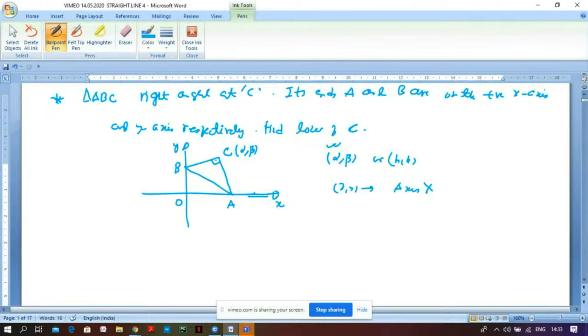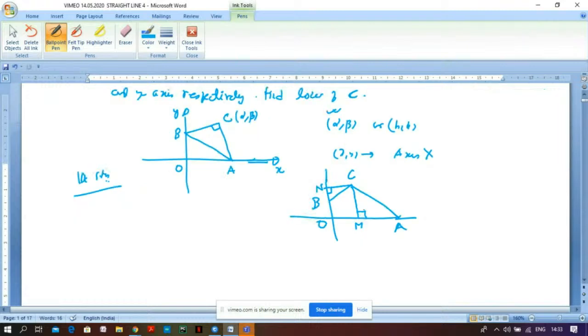I can drop a perpendicular. I'll do it by 2 methods. Let me say this is my first solution. Let me draw a new diagram without disturbing the original one. So this is C, A, and B. Now I drop perpendiculars from C onto the x-axis and y-axis, and name the feet M and N respectively. C is alpha comma beta.